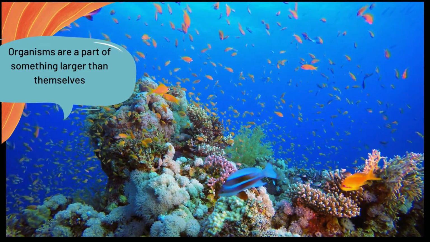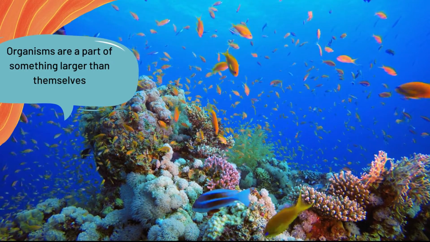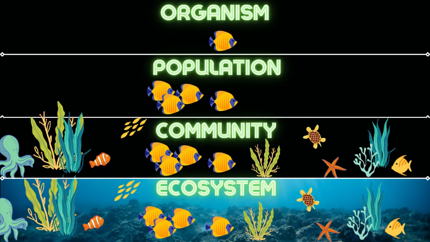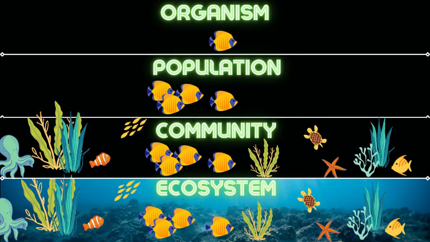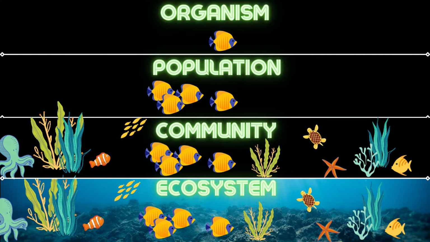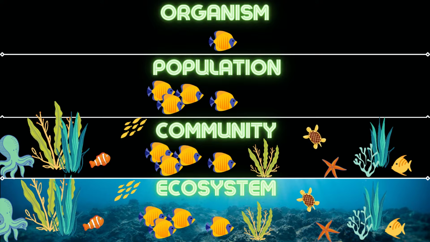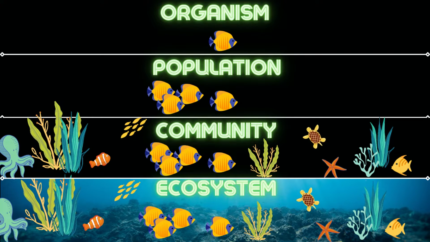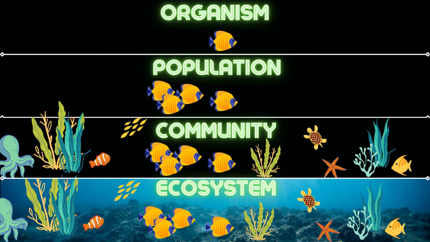Organisms are part of something way larger than themselves. An organism is one individual of a living species. A population is a group of individuals of the same species within a geographic range.